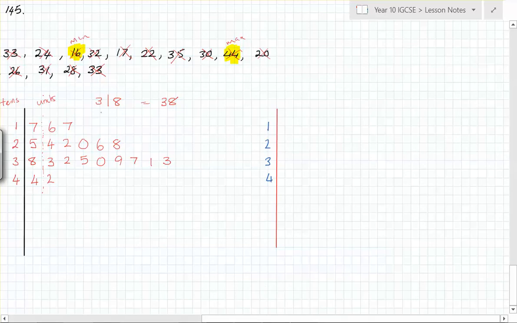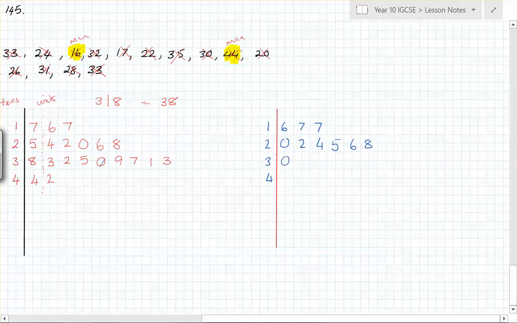When you've done it all not in order, then all you have to do is put these lines in order, which makes it really easy. So I just go through my ones: it's 6, 7, 7. This line will be 0, 2, 4, 5, 6, and 8. It makes it a lot easier. When it gets longer, it gets a bit harder.